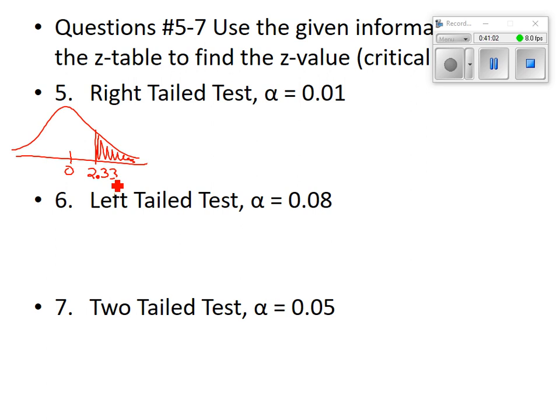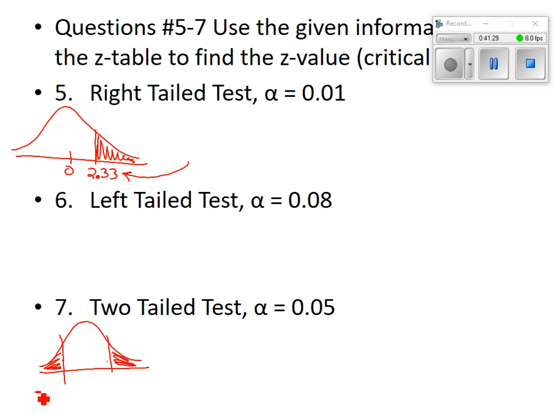Let's jump down to number 7. For this problem, that answer is really all you need to have. You didn't have to draw the picture and everything. Again, I draw the picture every time. We're on a two-tailed test, and our alpha is 0.05. There are two critical values.